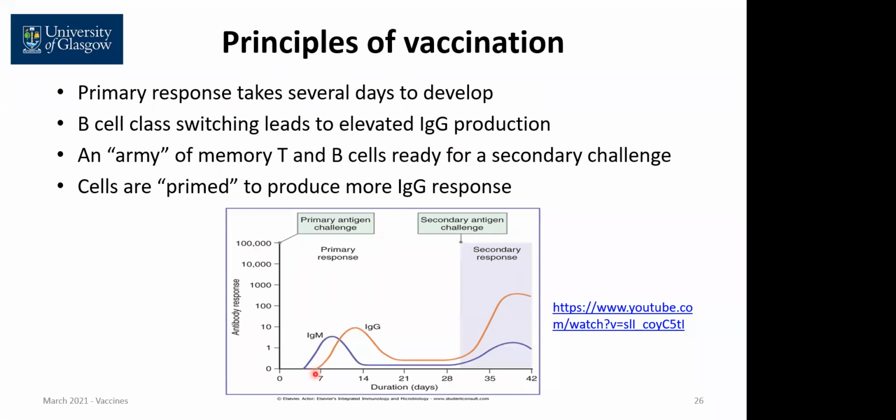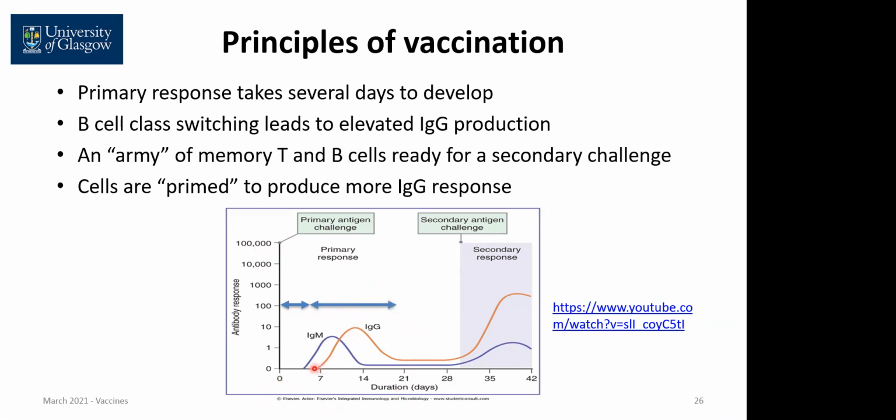And what happens here is that you have the primary antigen challenge. So this is essentially the first jab that you'll receive during the vaccination process. And then you have the innate immune system responding to that antigen, processing the antigen, presenting the antigen to the adaptive immune response. And ultimately, this is the adaptive immune response here. So from about 3 to 4 days up to a few weeks, your adaptive immune system has taken over.